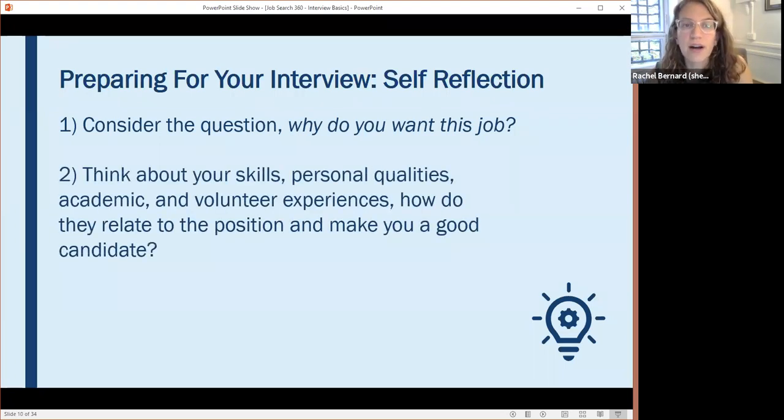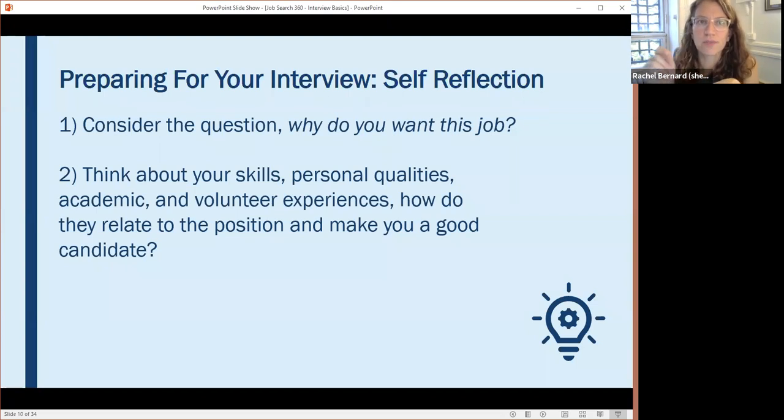Next, think about your skills, personal qualities, your academic, professional, volunteer experiences, and how they relate to this position and make you a good candidate. What I do before every job interview is print out my resume, because I know that they have that document. I also print out the job description, and I make notes on both documents.